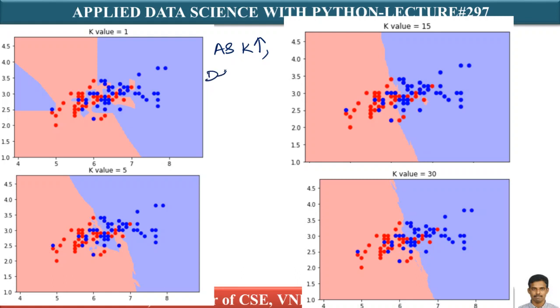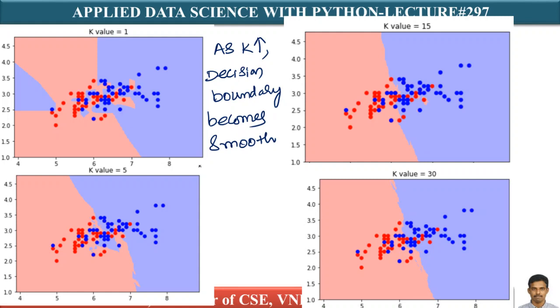As k increases, your decision boundary becomes smooth, isn't it?